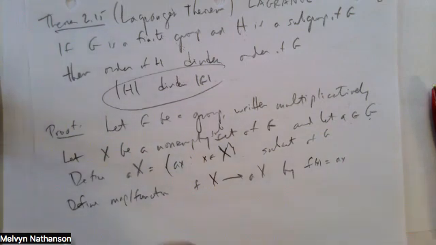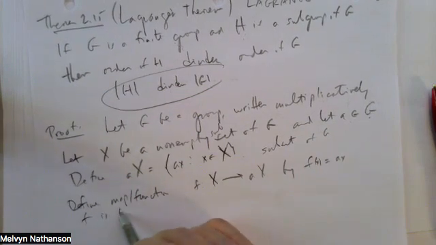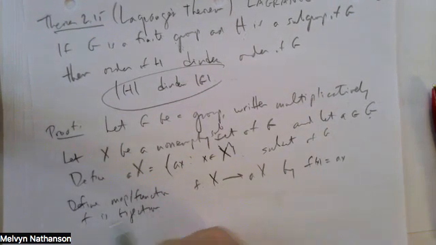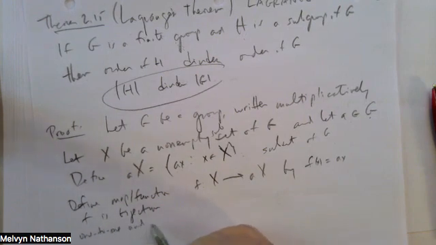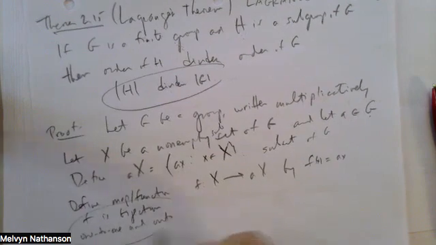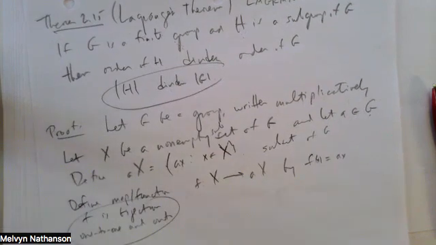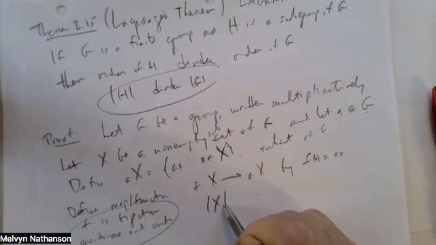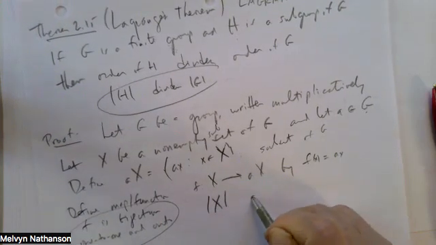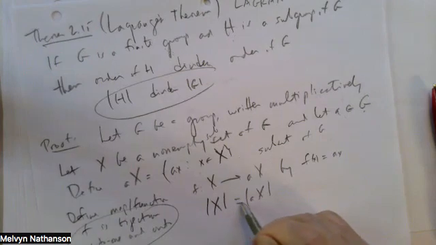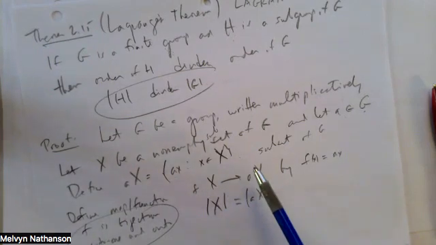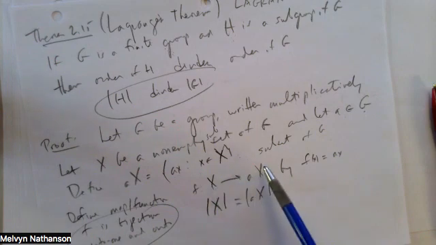And this function F is a bijection. That means it's 1-to-1 and onto. So the cardinality of X, the size of X, and the size of AX are the same. This function establishes a 1-to-1 correspondence between the elements of X and the elements of AX.